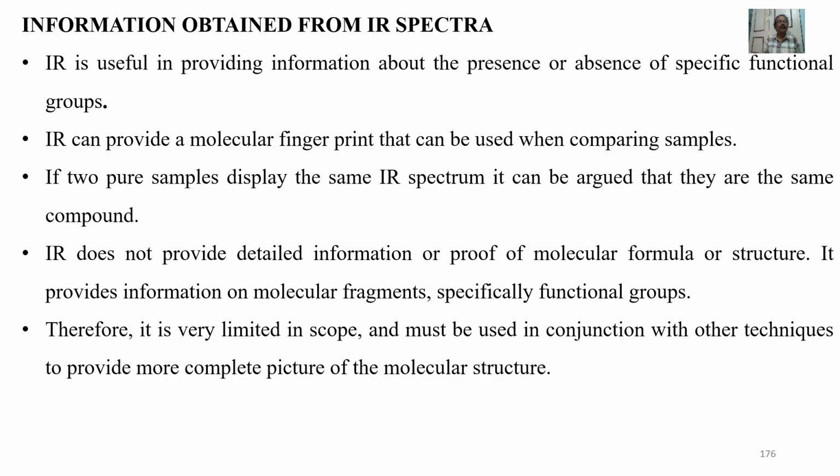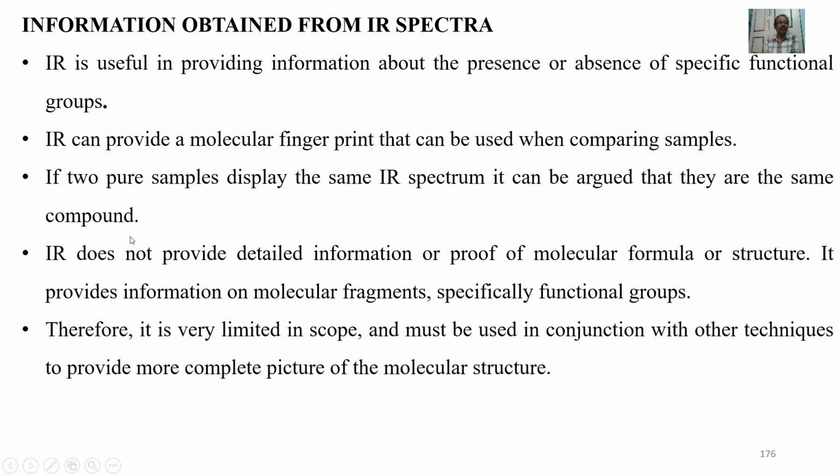Information obtained from IR spectrum. IR is useful in providing information about the presence or absence of specific functional groups. IR can provide a molecular fingerprint that can be used when comparing samples. If two pure samples display the same IR spectrum, it can be argued that they are the same compound.